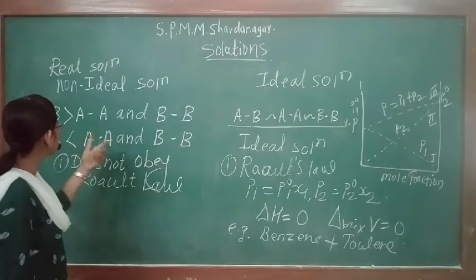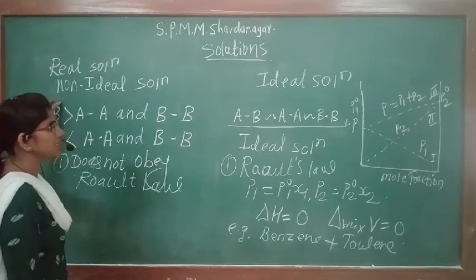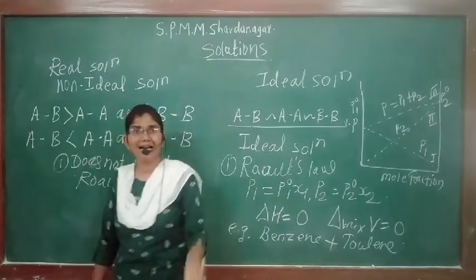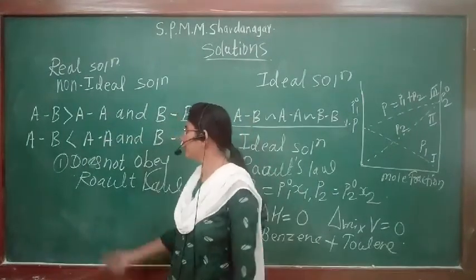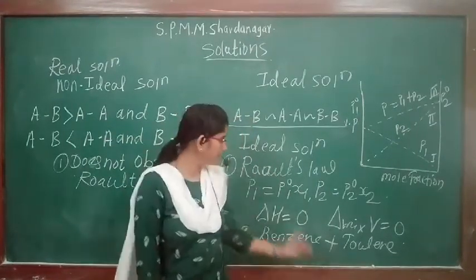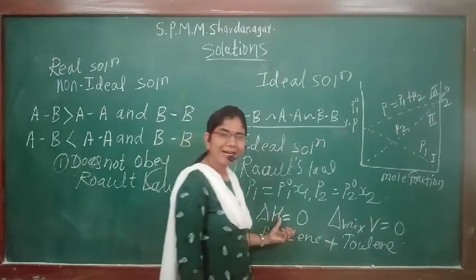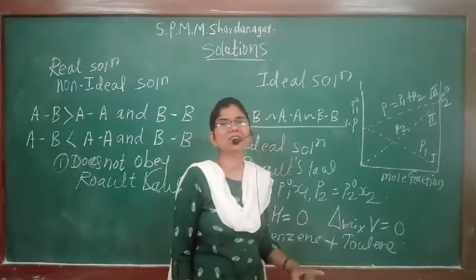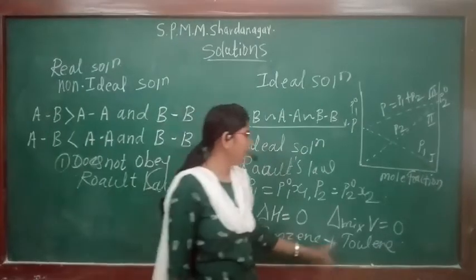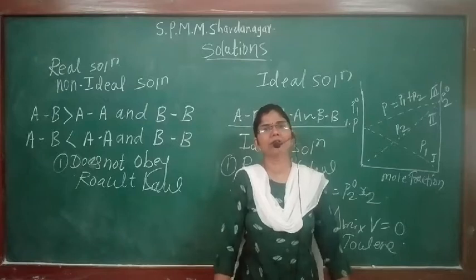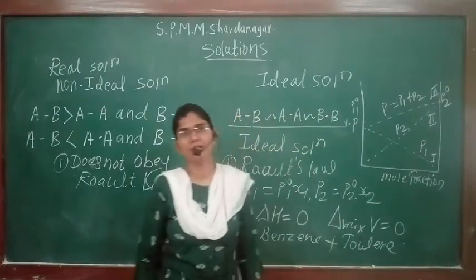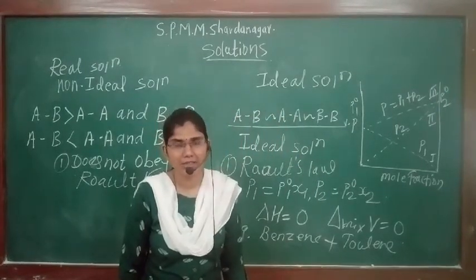For a non-ideal solution, the interaction between solute and solvent molecules is either higher or lower than that of the pure components, and therefore the enthalpy change is not equal to 0, and the change in volume delta V is also not equal to 0.